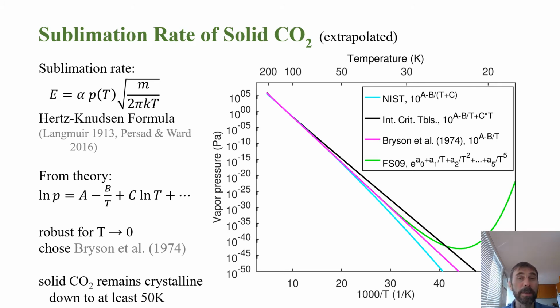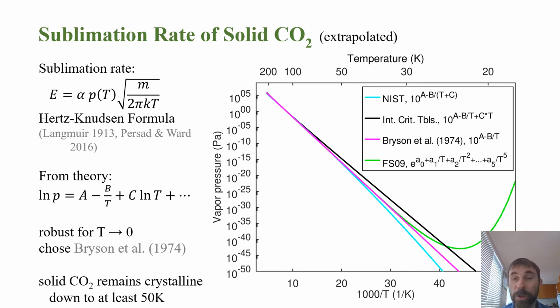Now, what is the sublimation rate of CO2? It's so small it can't really be measured in a laboratory, so one has to extrapolate it to lower temperatures. And one can either measure the saturation vapor pressure, or one can measure the sublimation rate. And they're closely related by what's called the Hertz-Knudsen formula.